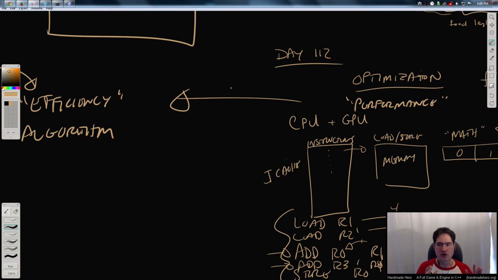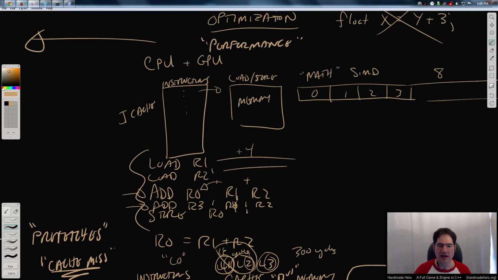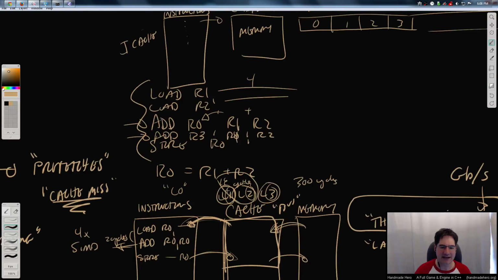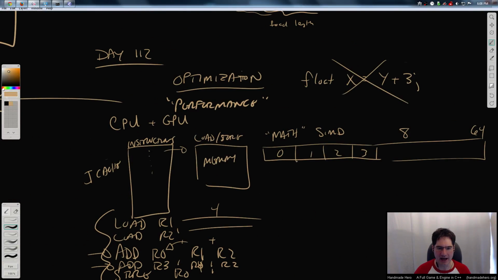Efficiency means doing the least amount of work that you can do to get the result that you need. And performance is structuring the data and the actual operations on that data in such a way that they move through the processor in the least amount of cycles that they possibly can, right? And like I said, we probably won't hit the idealized performance for anything we do. We won't spend enough time on performance to get the absolute best.